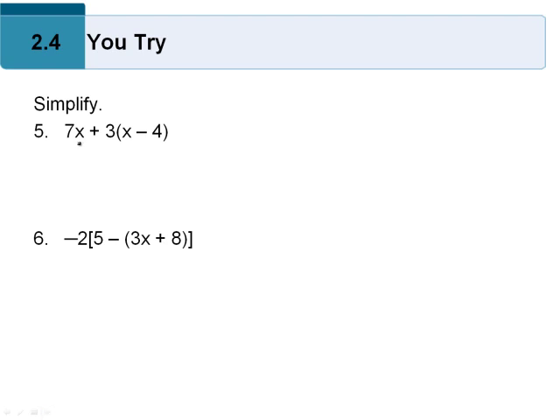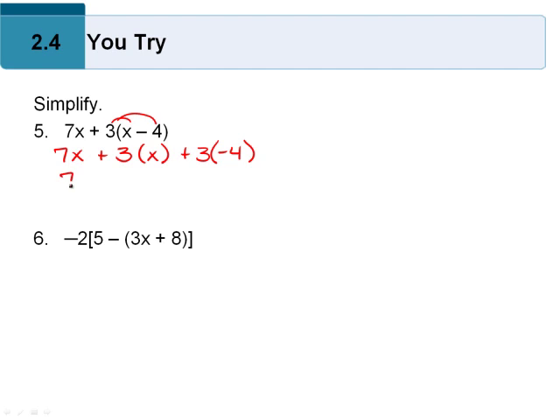All right, number 5, we have 7x plus 3 times x minus 4. So we're going to start with that 3 and distribute it. So 7x comes down, plus 3 times x, and a positive 3 times negative 4.